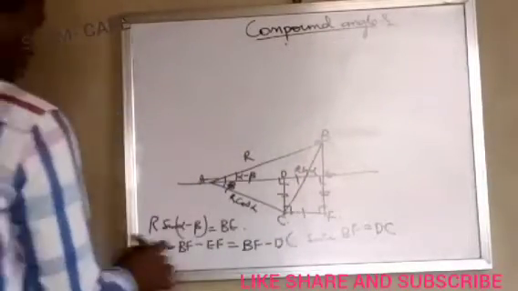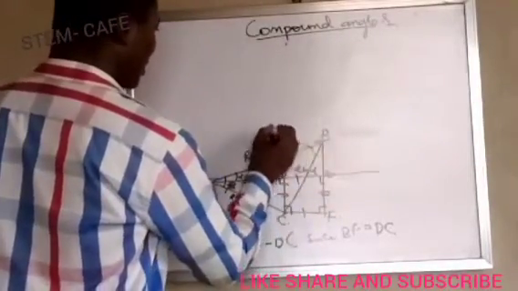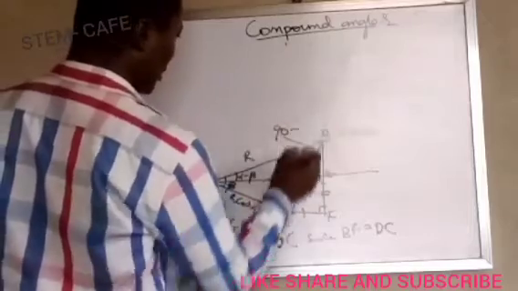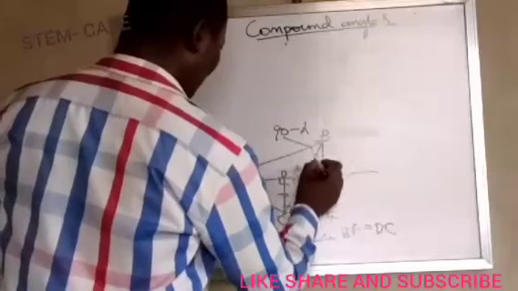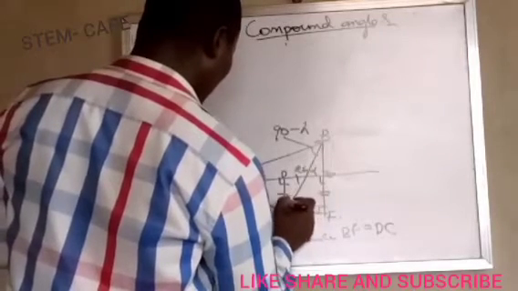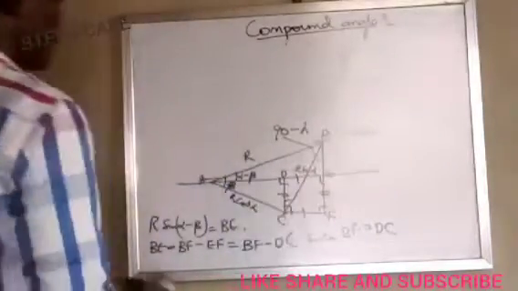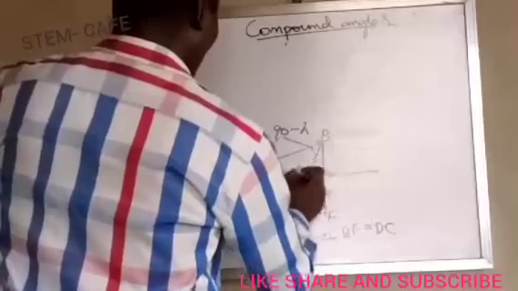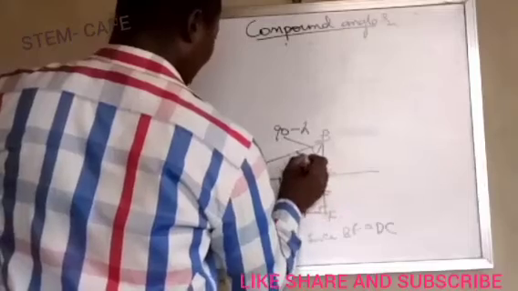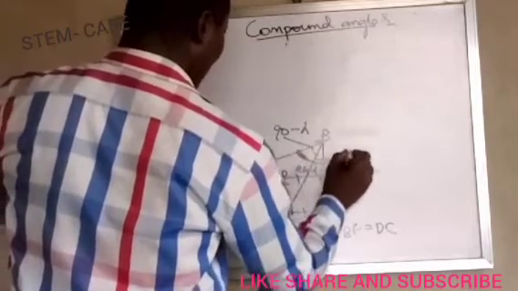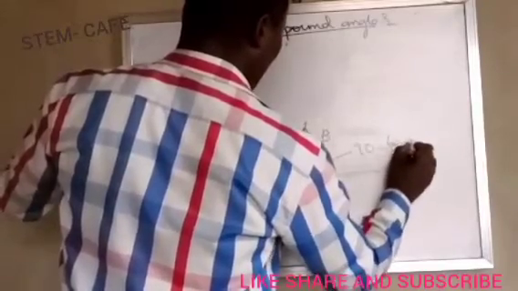Before we go on, let's find the angle here. This place was 90 minus alpha. And this place here is equal to the angle here as well. From the sum of all the angles, we realize that this angle here is going to give us 90 minus alpha minus beta.